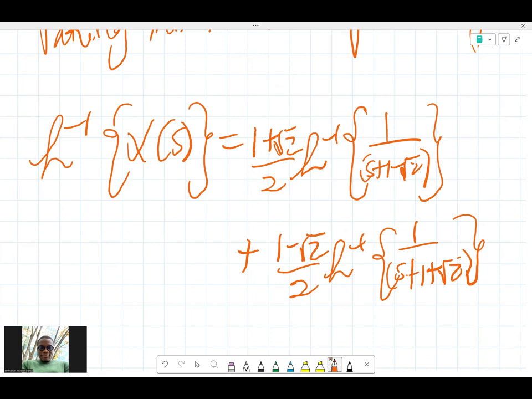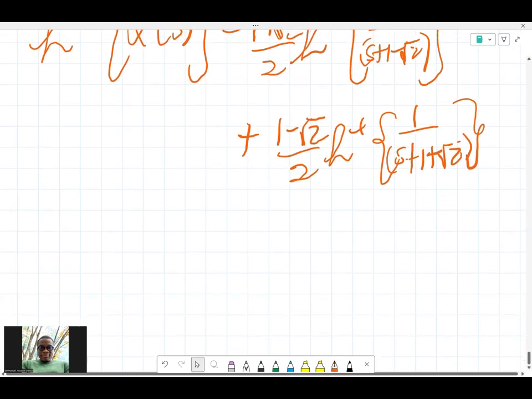So what does that give us? Of course, we already know that if we have s plus something, it will just change the sign. So plus 1 minus root 2 we change to minus 1 plus root 2.